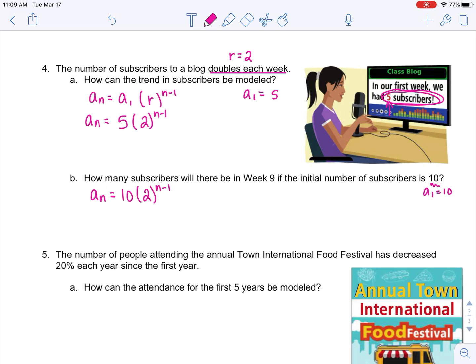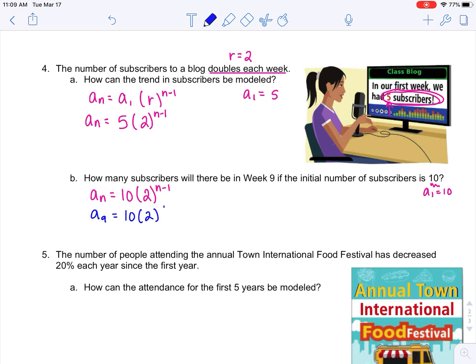That's just our equation though. That's not what it asks. It asks how many subscribers will there be in week 9, if the initial number of subscribers is 10. So we want to plug in 9 for n. We want to find the 9th term.